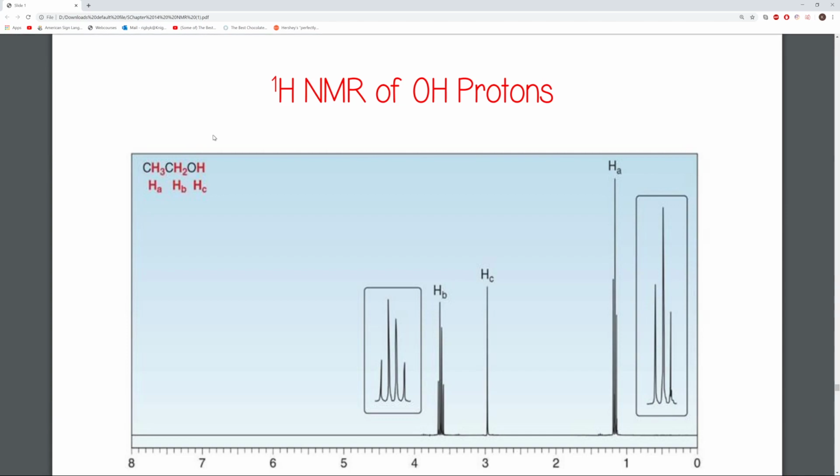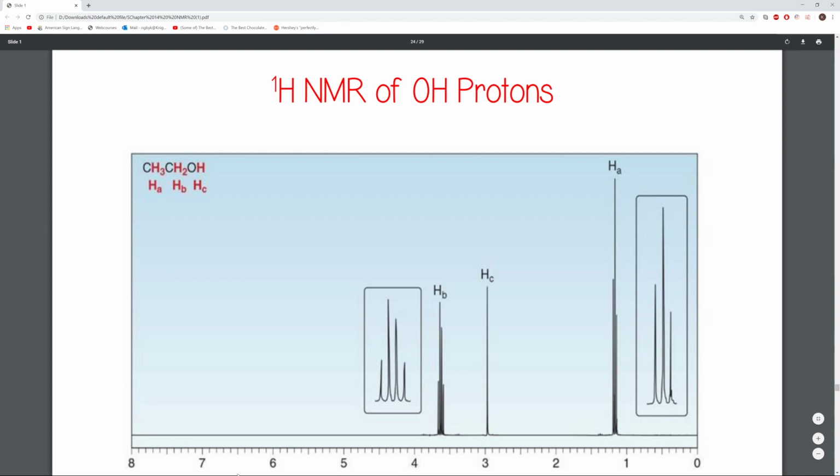That is too far to be split, so HC is only going to have one peak. However, HB and HA are close enough to be split by each other. So HB is going to be split by 3 hydrogens, making it a quartet. HA is going to be split by 2 hydrogens, making it a triplet. Okay? Does that answer your question?